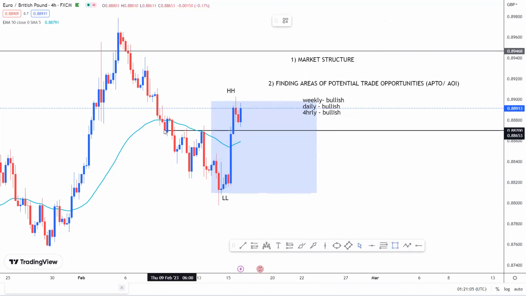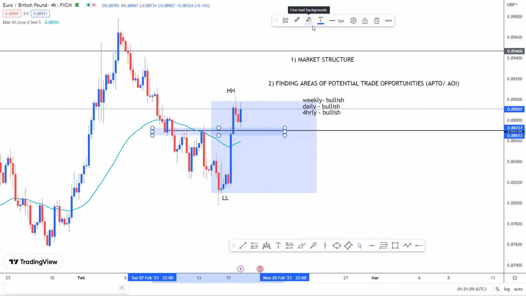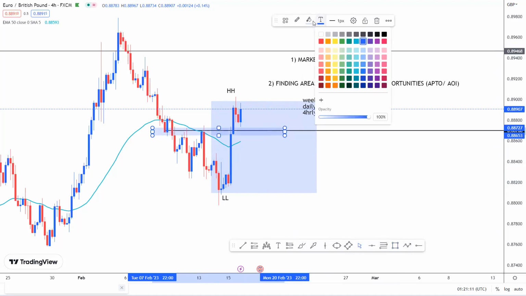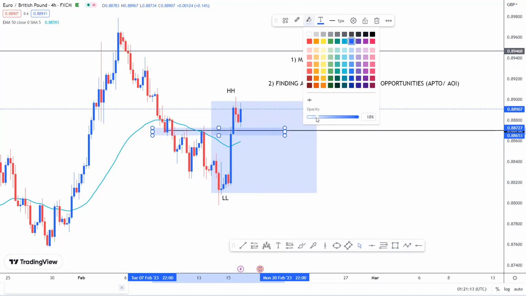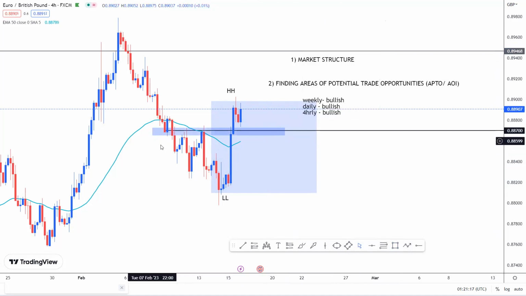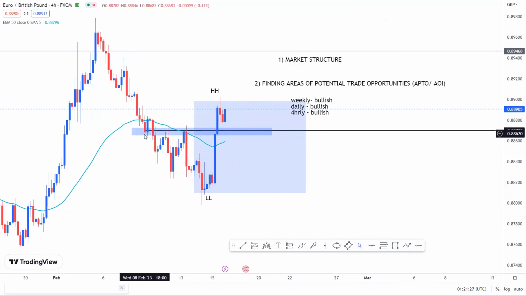So somewhere around this level, what do we get to see? Not just a round psychological number there, 88,700. You can see previously, looking to the left, we had the level as a support, and then a resistance also.